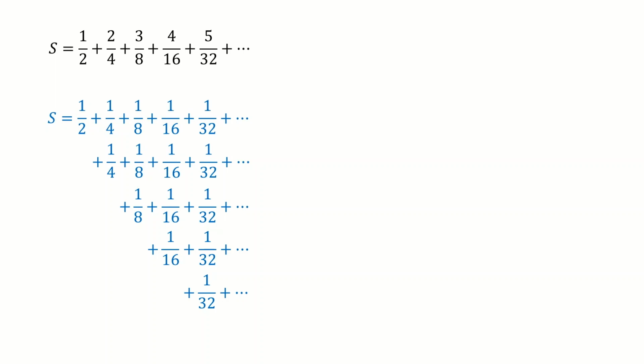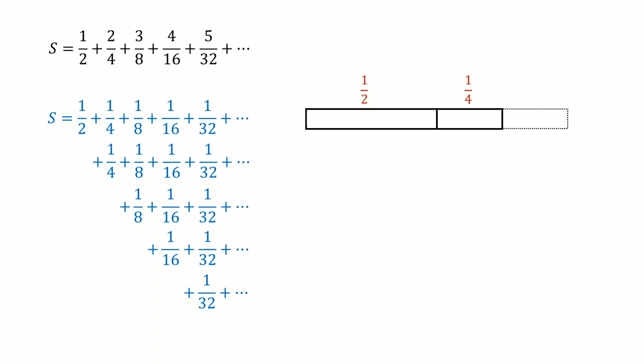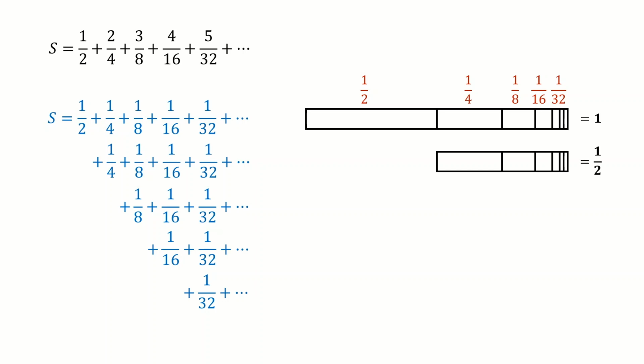Now let's evaluate the first series. We assume this rectangle, it's half plus a quarter plus 1/8 plus 1/16 plus 1/32 and so on. As you can see, it adds up to 1, the whole area of the rectangle. We do the same thing for the second row, it's going to be half.